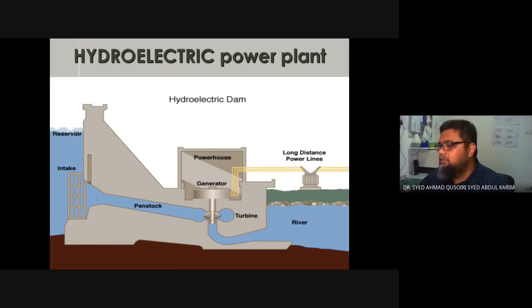Okay, yang lain tu sama saja. It's just that you can clearly see the powerhouse. Powerhouse ni in this design is outside the dam. Ada yang inside, depending on the type of dam that they are building. And obviously you will have your step-up transformer in here and then being transmitted.